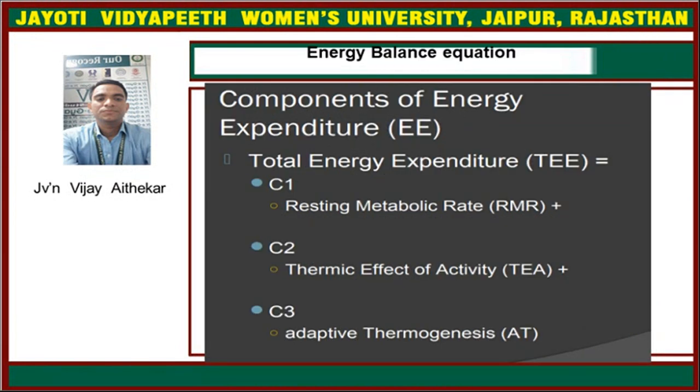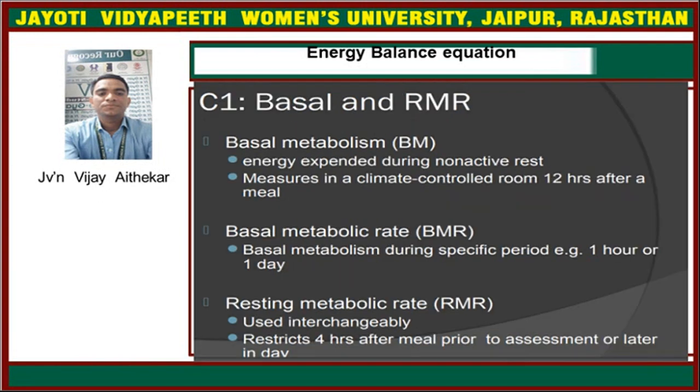Components of energy expenditure, EE: the total energy expenditure, TEE, has components. C1 is resting metabolic rate, RMR; C2 is the thermic effect of food, TEF; C3 is adaptive thermogenesis.